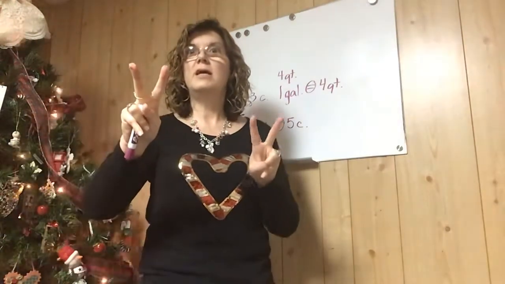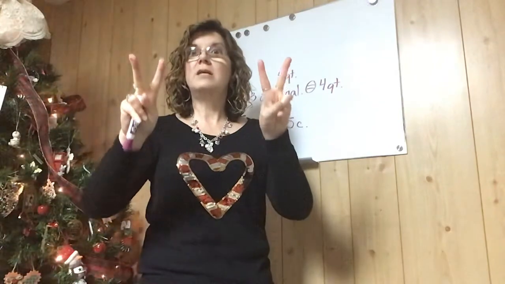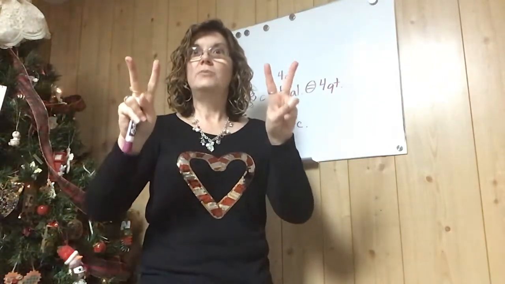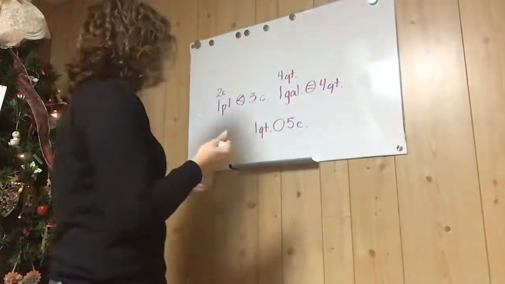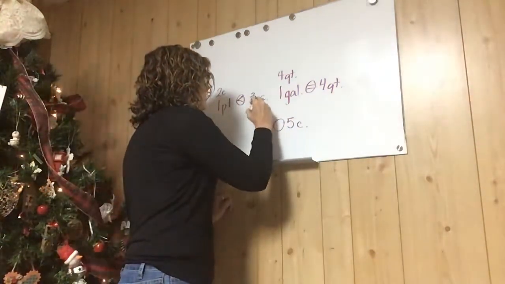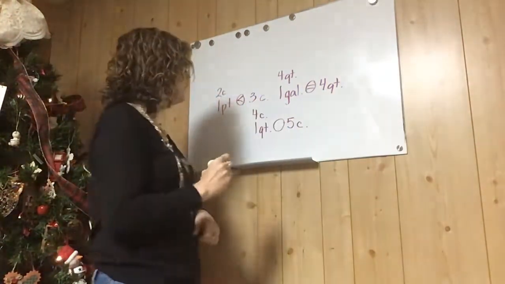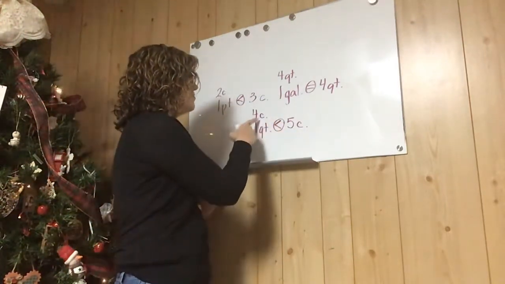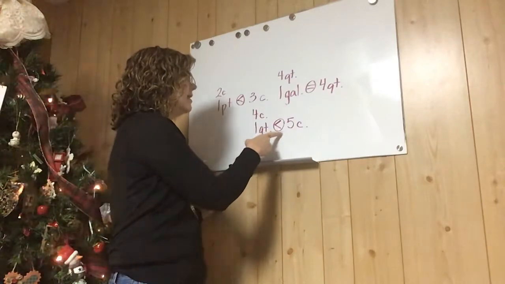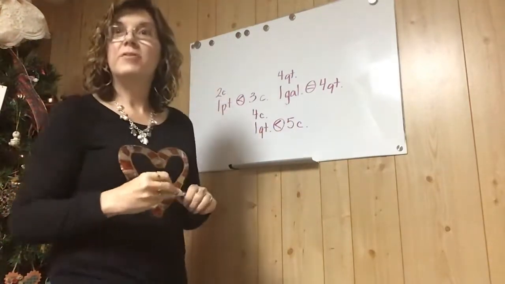So if there's 2 cups in this pint and 2 cups in this pint, 2 pints in a quart, so that is 4 cups in a quart. So you need to write 4 cups here. So this is 4 cups, that is 5 cups. Gobble up the 5 cups. So 4 cups or 1 quart is less than 5 cups.